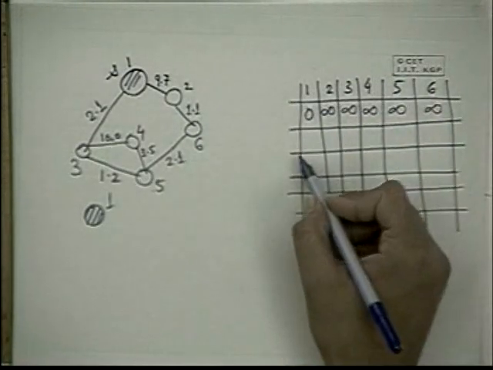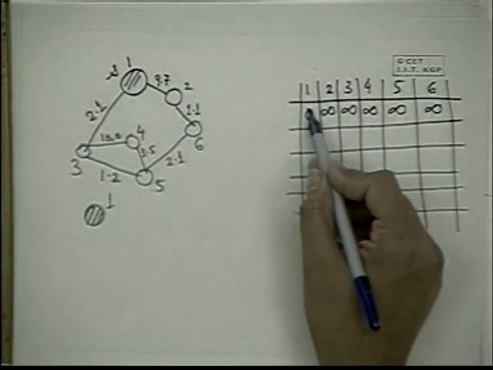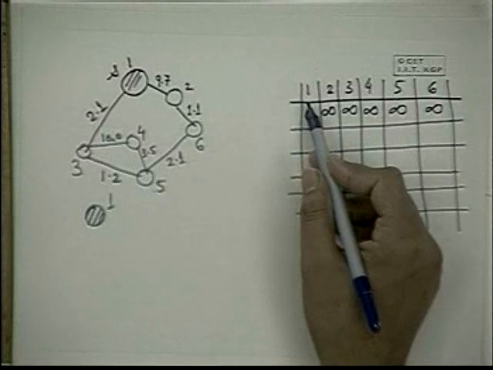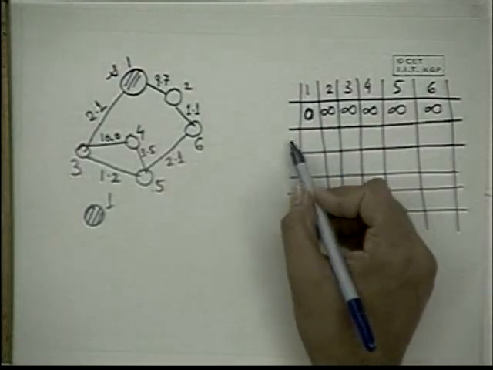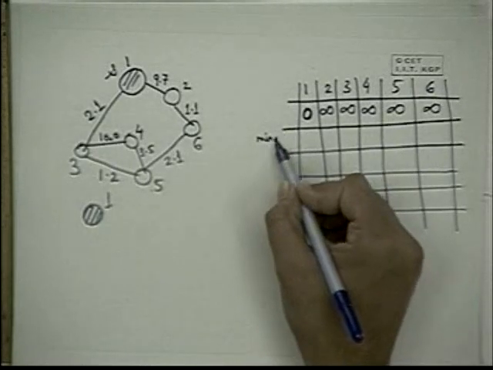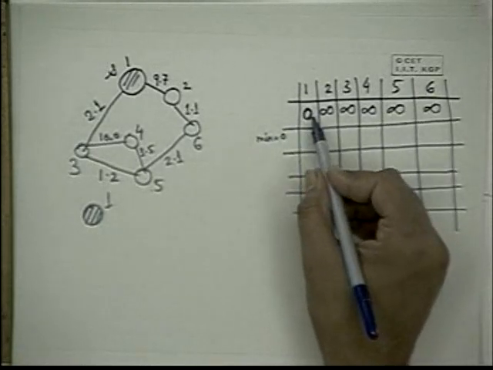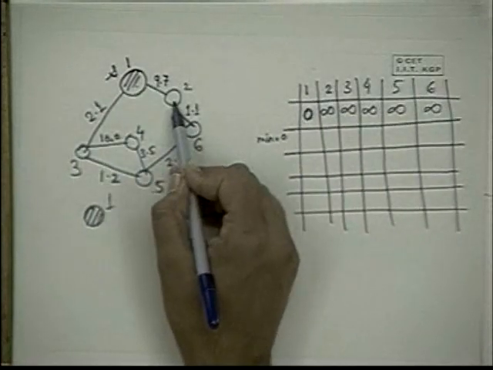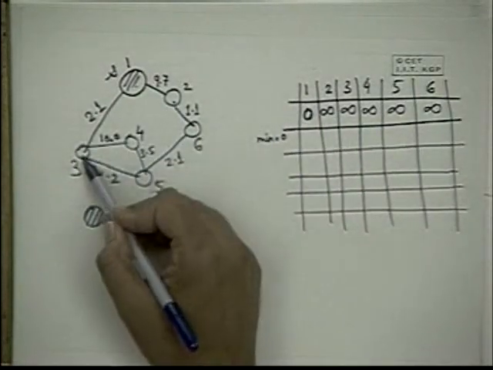For the next step, vertex 1 will be extracted from the priority queue, since the minimum is weight 0. When 1 is extracted, its neighbors get updated. It has two neighbors, 3 and 2.